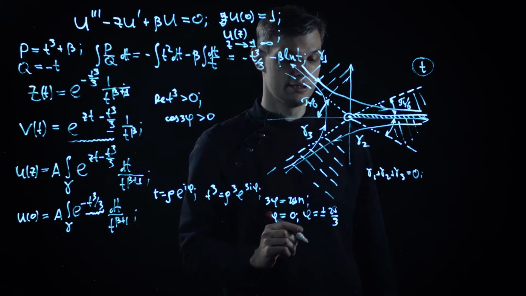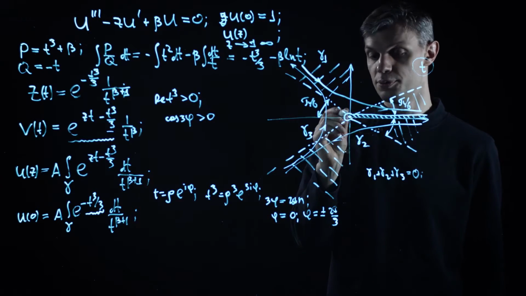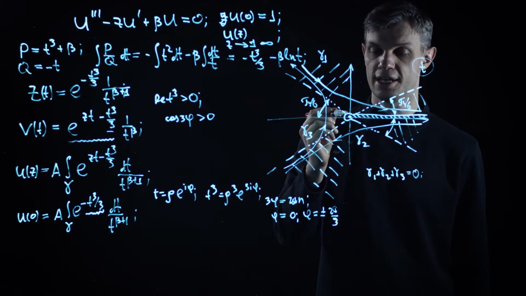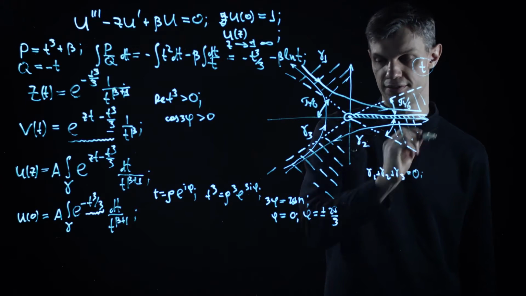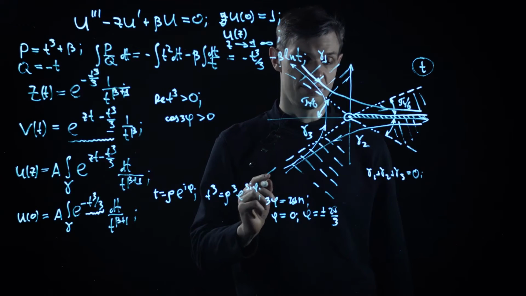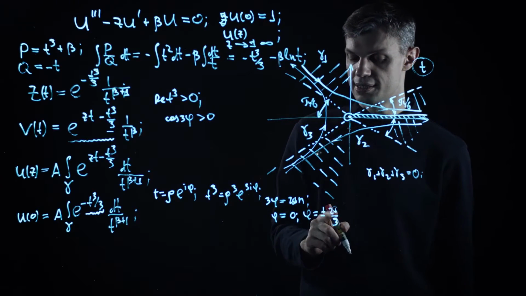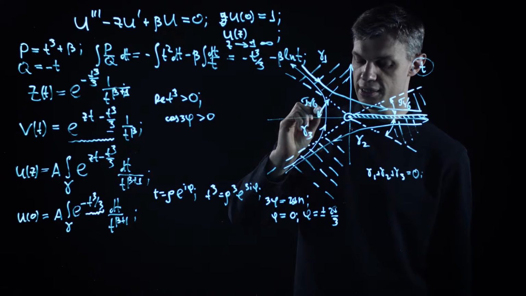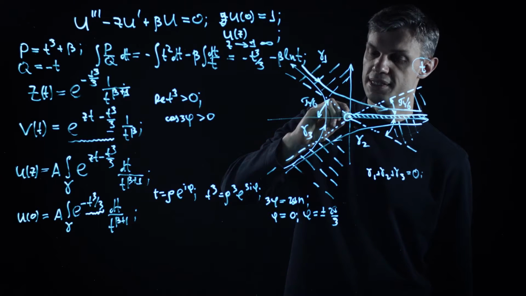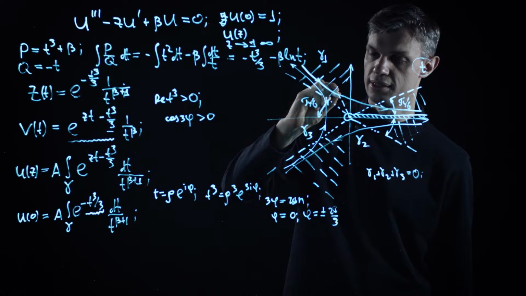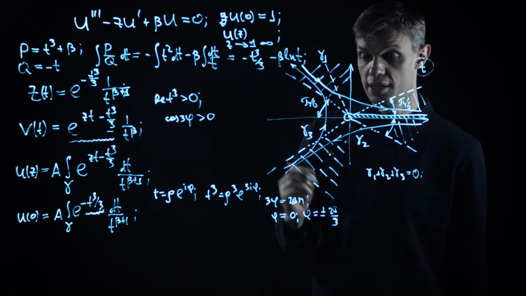The first, phi equal to 0, was obvious. That's just a straight segment from 0 to plus infinity, and the integral is reduced to a gamma function. The second segment is pointing in the direction of 2 pi over 3. And now we have the idea.